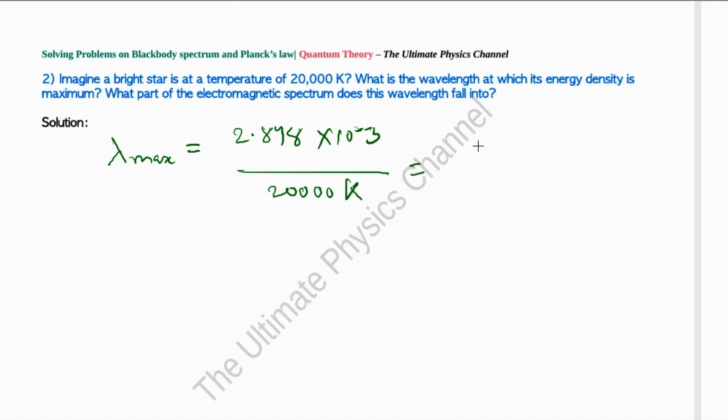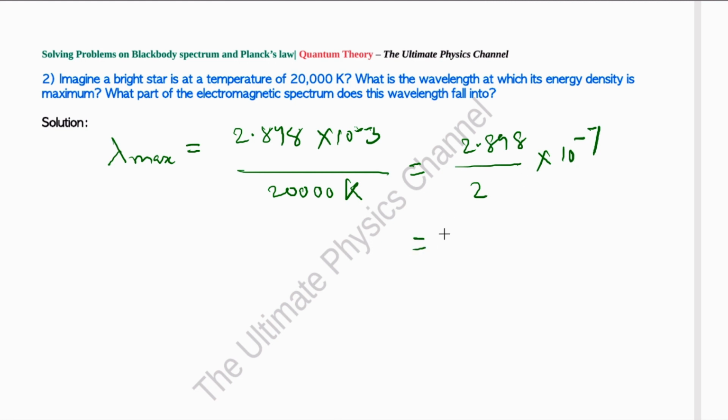And this one is 2.898 over 2 into 10 power minus 7. This 20,000 I am representing as 2 into 10 power 4, and then when that goes to the numerator it becomes 10 power minus 7.